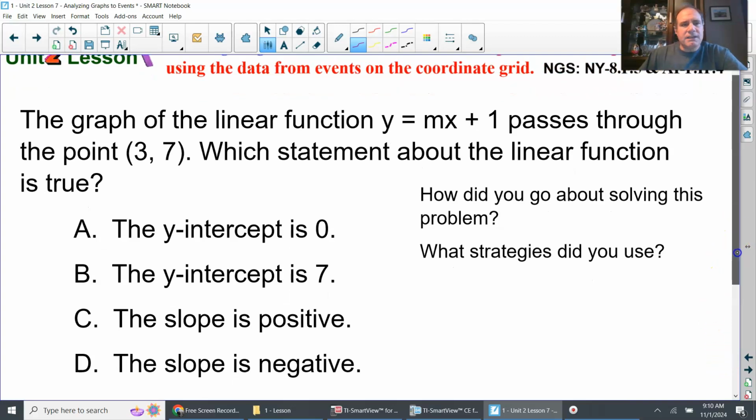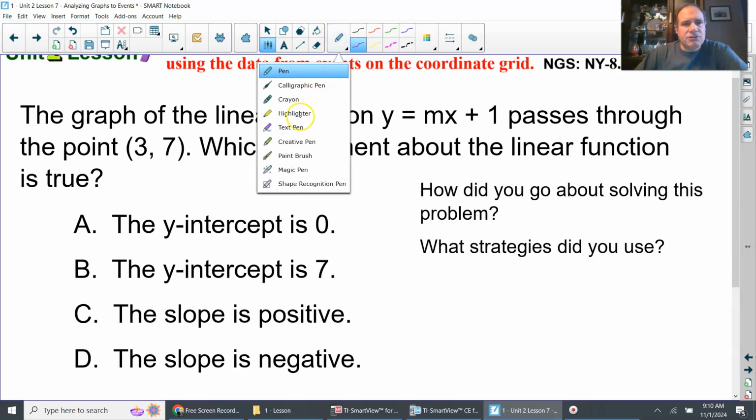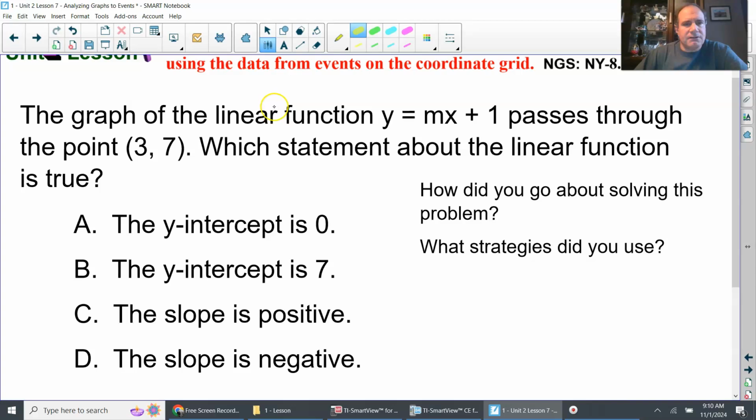This page right here, the graph of the linear function y equals mx plus 1 passes through the point 3, 7. So let's look at the information that is given here. First off, which statement about the linear function is true? They give you this function here, and then they give you a point here.